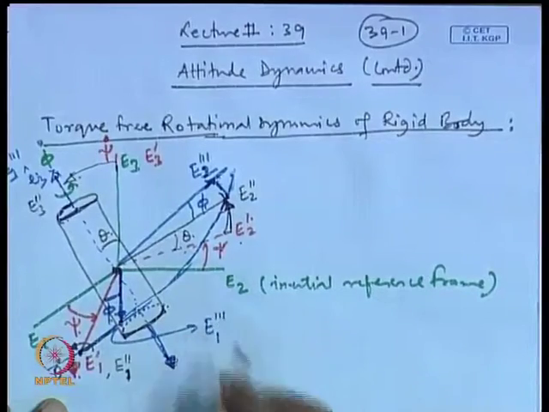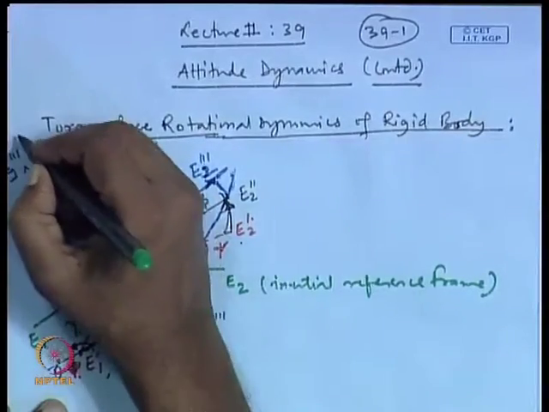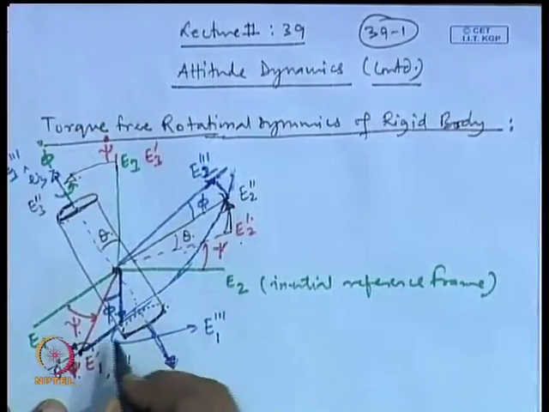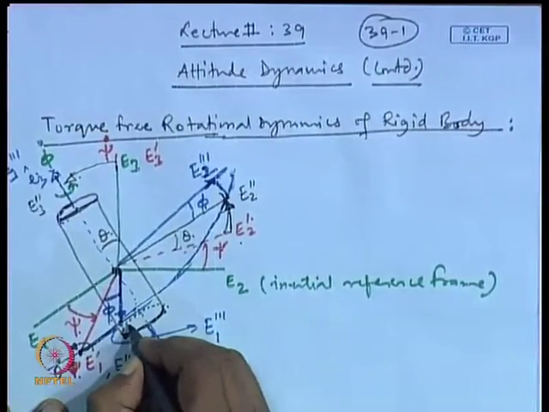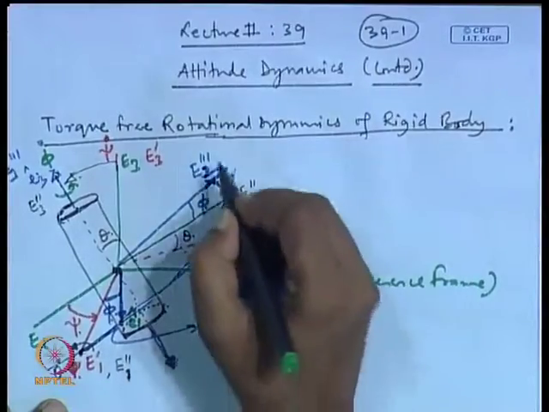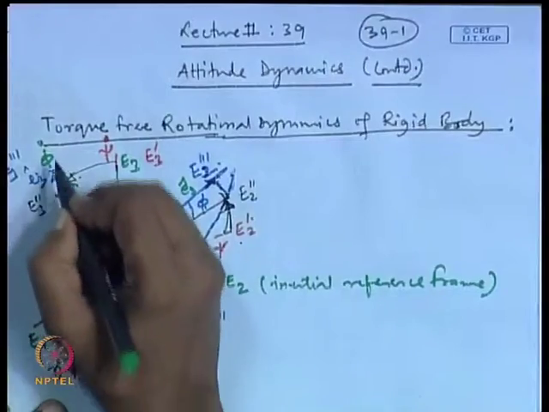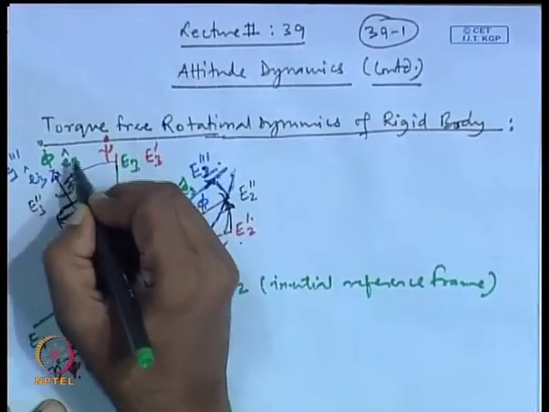The notation that we have used is very important. This is our final body x orientation: this is your E1 cap, this is your E2 cap, and finally, in this direction you are getting E3 cap.